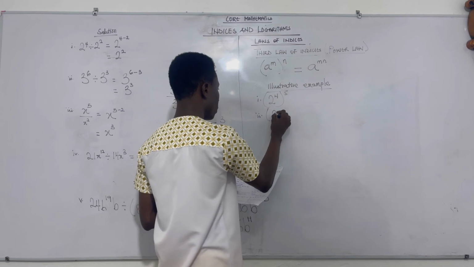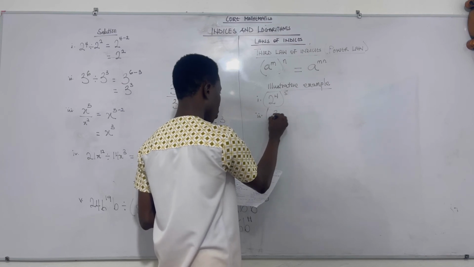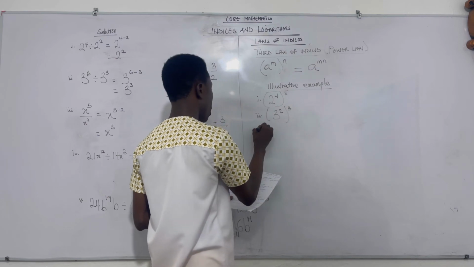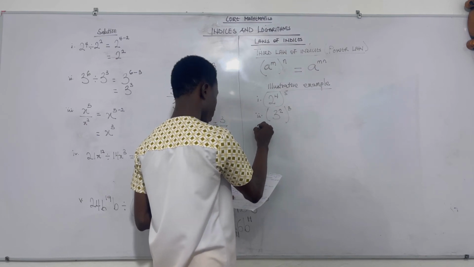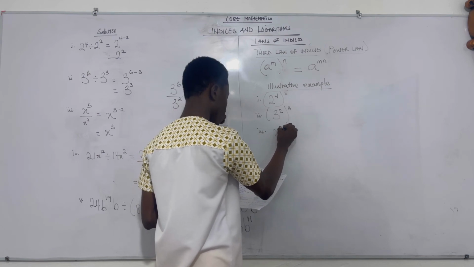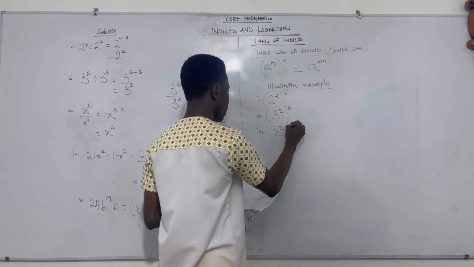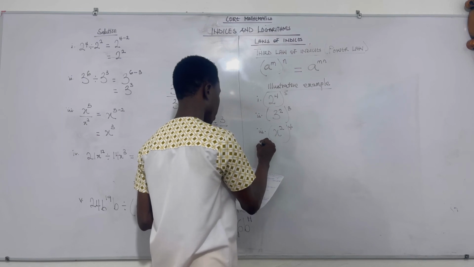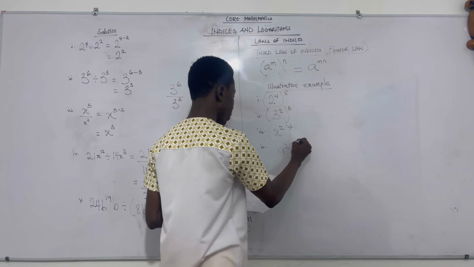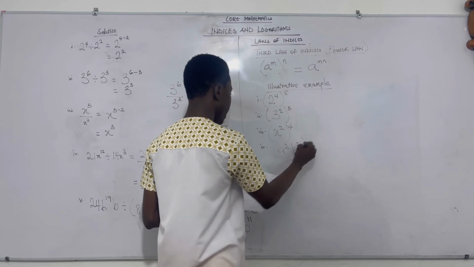We have 3 exponent 2, all to the power of 3. What's the value? You have x exponent 2 to the power of 4. What is the value? IV. We have a squared b 3, alright, to the index of 2.